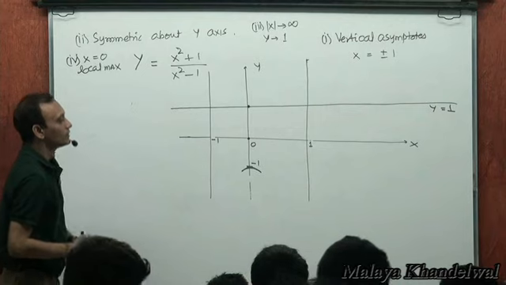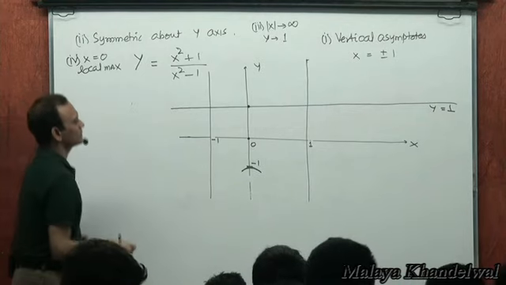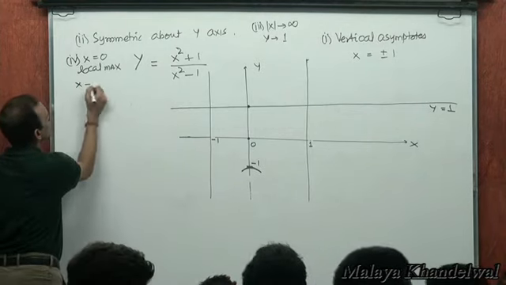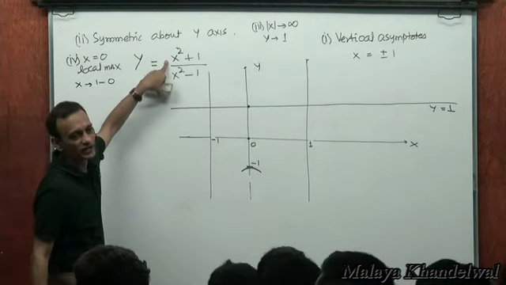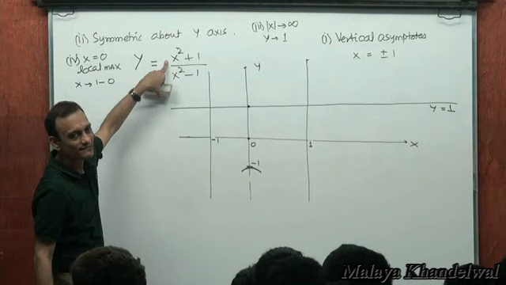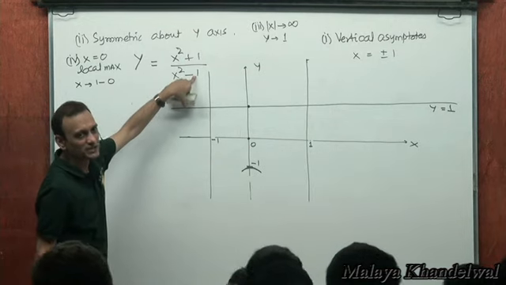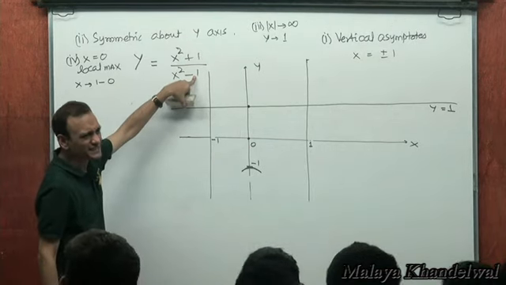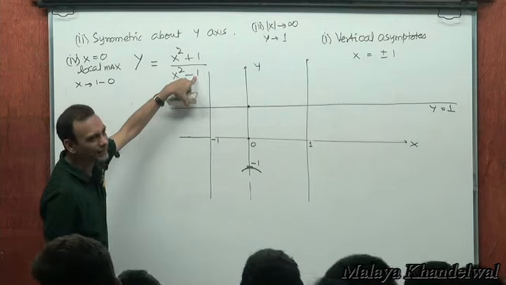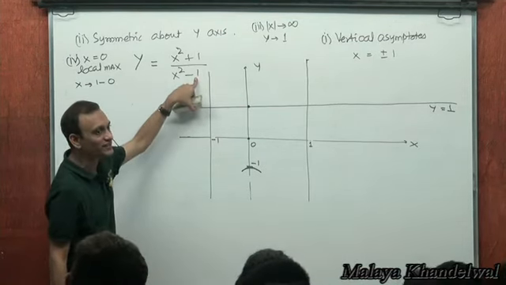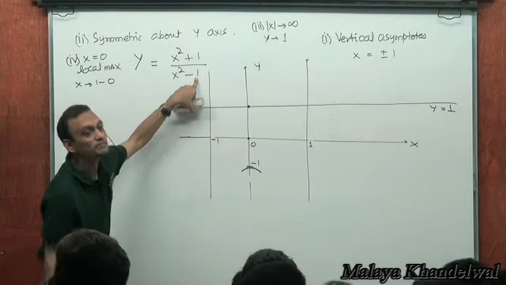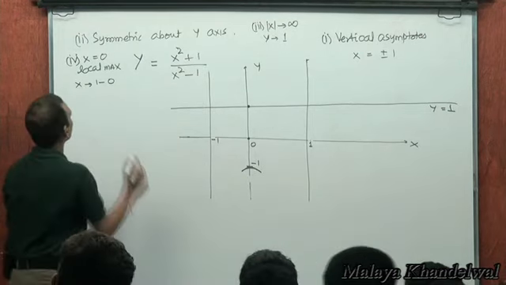Now, look, as x tends to 1 from the less than 1 side, y tends to minus infinity. Do you see that? Because when x is less than 1, x square minus 1 would be negative.